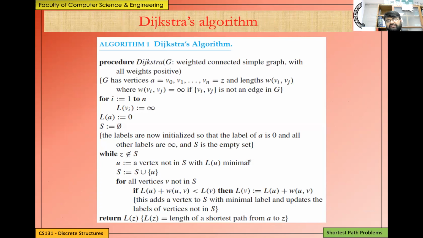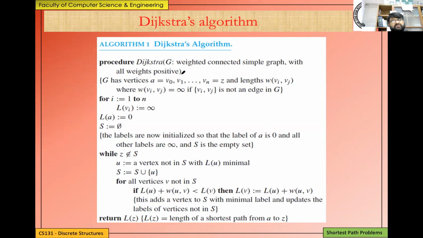So here is how we apply Dijkstra's algorithm. The input is a weighted connected simple graph G with all weights positive, right? In case of negative weights, it is not going to work for sure. However, for positive weights, it works absolutely fine.